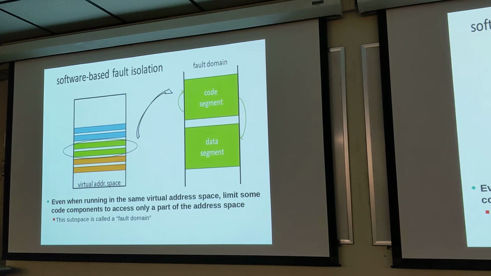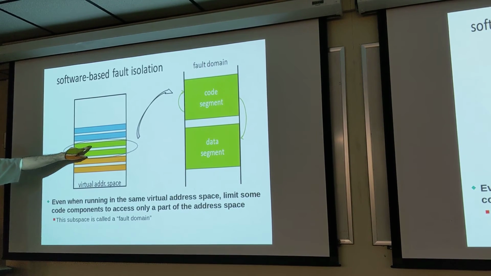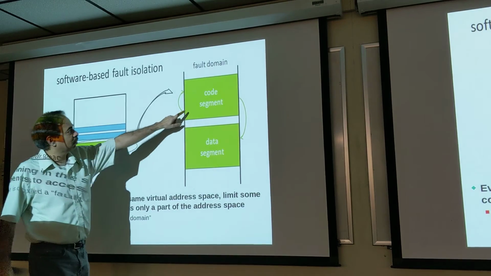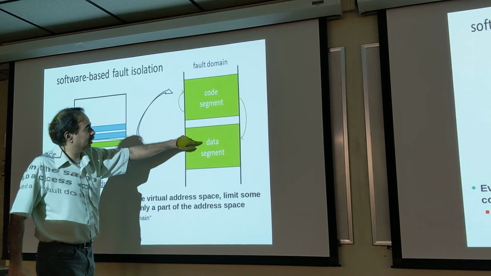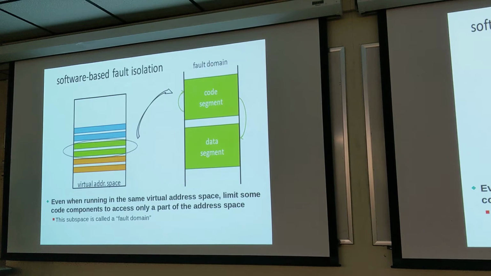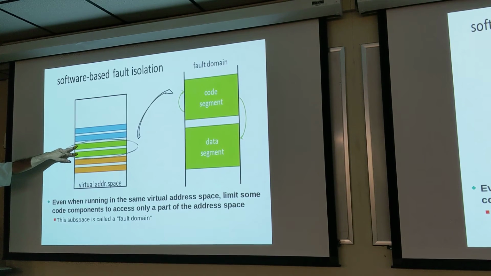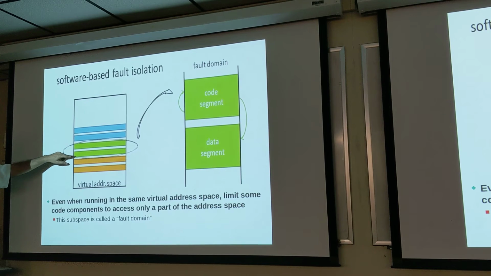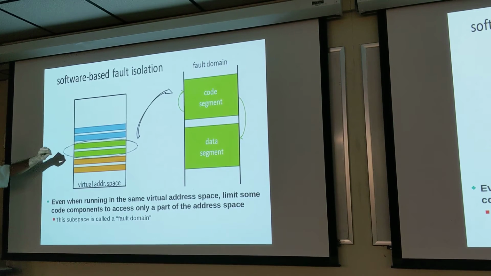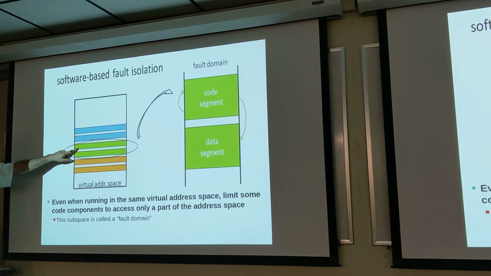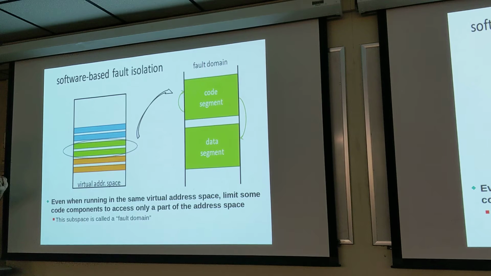So we want to make sure that this piece of code, which has two parts, we think of one of these as code and the other as data. This is an untrusted module sitting in the middle of this process address space, and you want to make sure that this untrusted module can only run its own code, and it can only access its own memory.